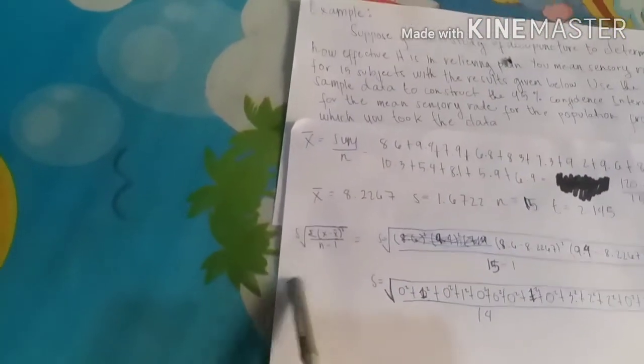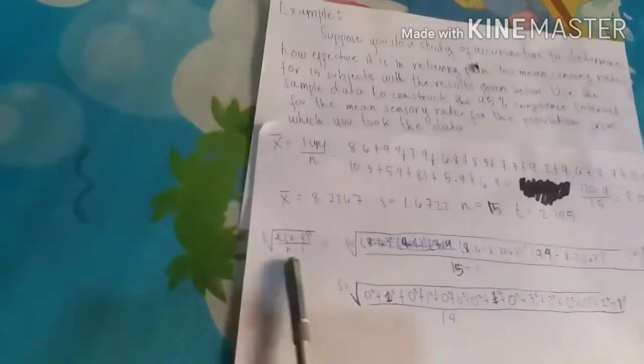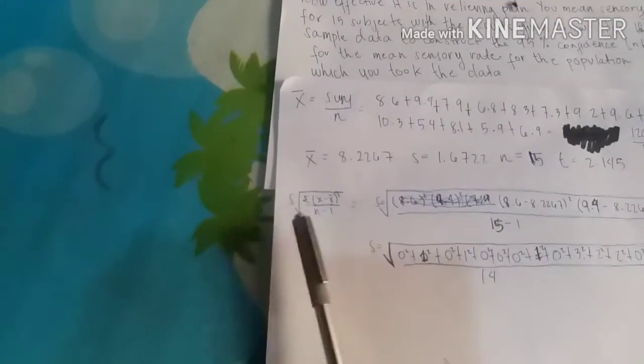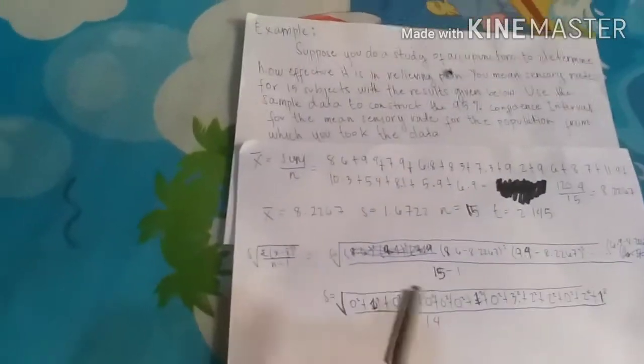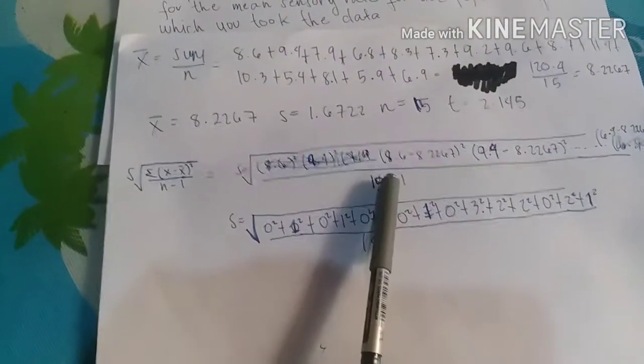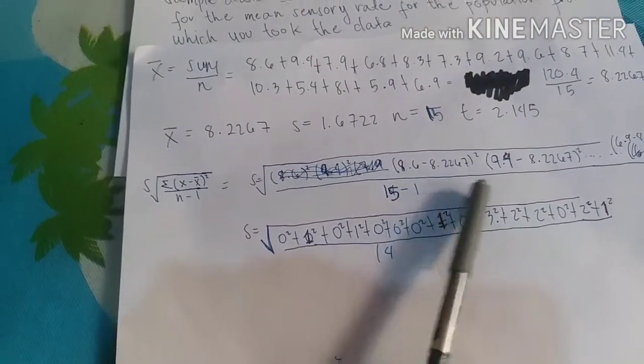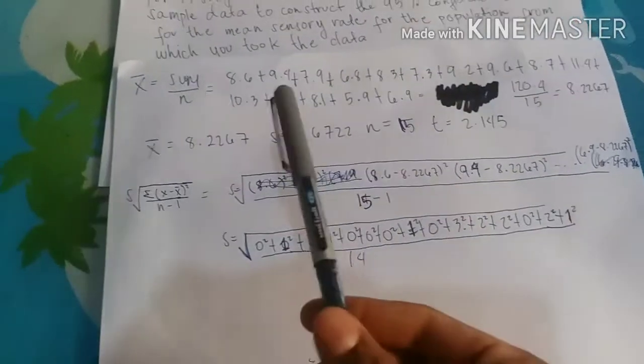So in finding sample standard deviation naman, s is equal to the square root of the sum of (x minus x bar) squared, all over n minus 1. So dito na siya: 8.6 minus 8.2667, hanggang sa mabuo niyo siya, yung 15 na yun.